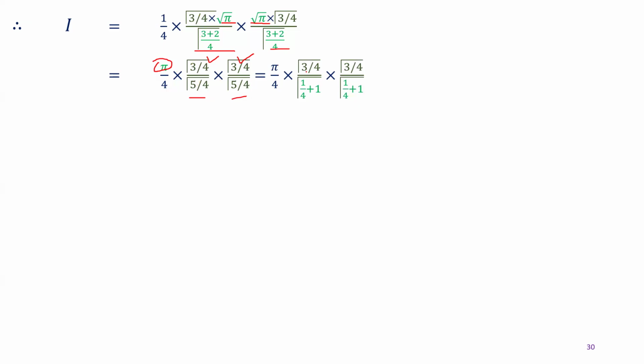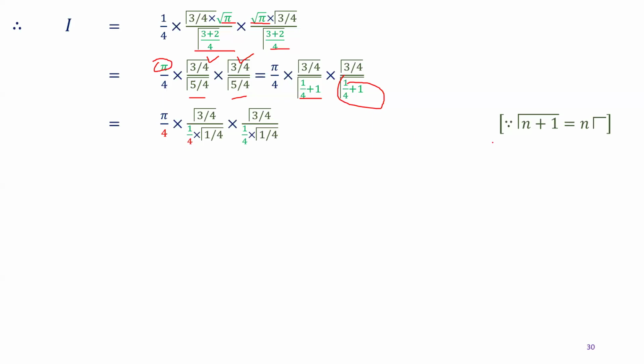And gamma 5 by 4 can be written as gamma 1 plus 1 by 4. If we apply the formula gamma n plus 1 is equal to n gamma n, then it is 1 by 4 gamma 1 by 4, and this will again be 1 by 4 into gamma 1 by 4, because gamma n plus 1 equals n gamma n.